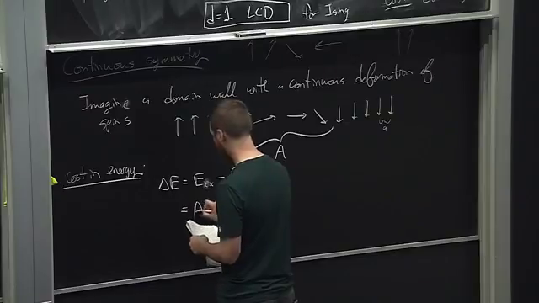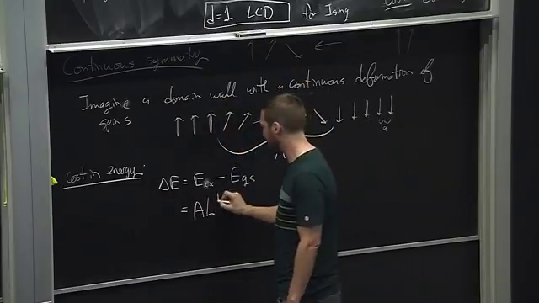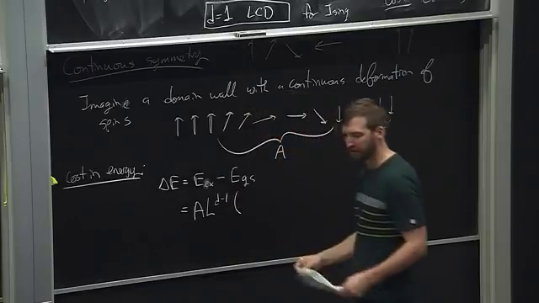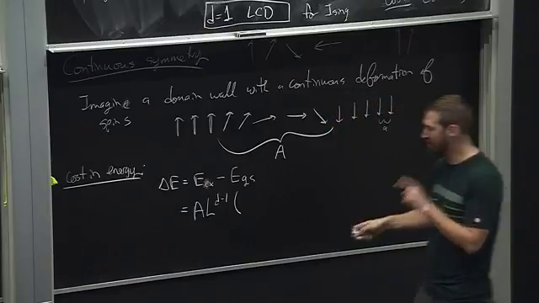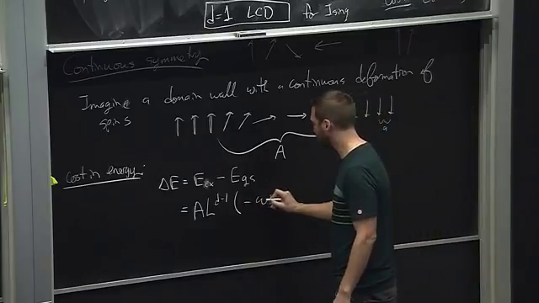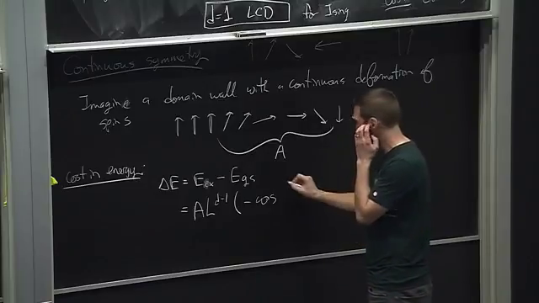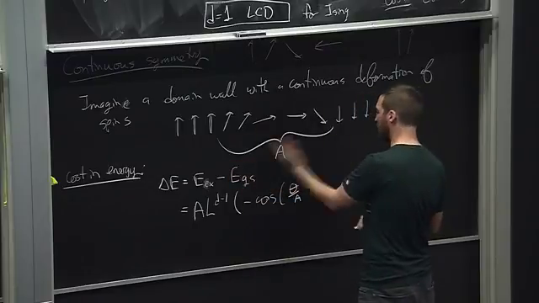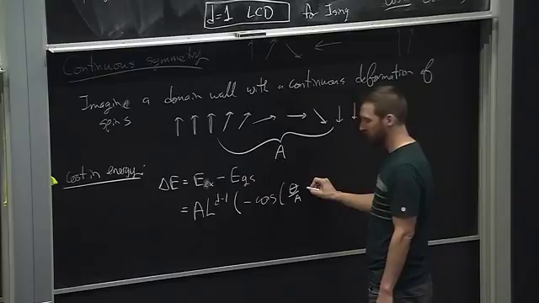If I have this in higher dimensions, again, L^(D-1). So the excitation, imagine now I'm costing myself something like a cosine, I'm just imagining a Hamiltonian, theta over A, where theta is that total angle, so it's going to be pi in this case.